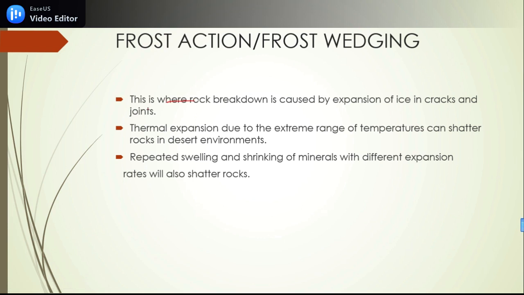Let's now look at frost action or frost wedging. This is where the rock breakdown is caused by expansion of ice in cracks and joints. Thermal expansions due to the extreme range of temperatures can shatter rocks in desert environments. Repeated swelling and shrinking of materials with different expansion rates will also shatter rocks.